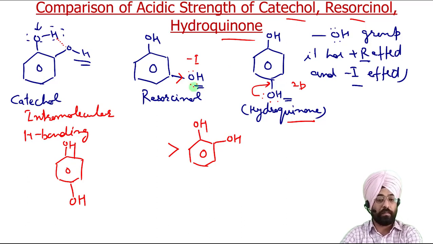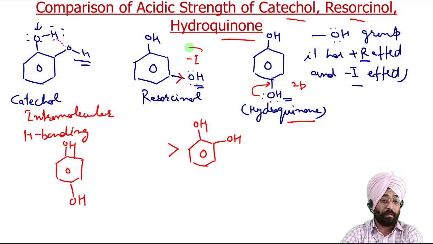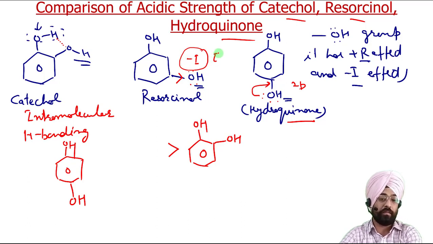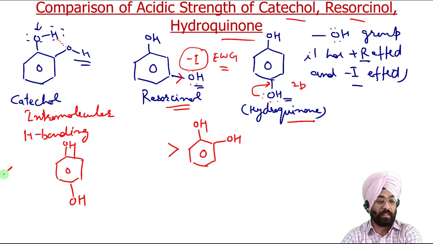So at the meta position it only gives the minus I effect. Because of the minus I effect it becomes an electron withdrawing group, and electron withdrawing groups increase the acidity. So this resorcinol is most acidic.